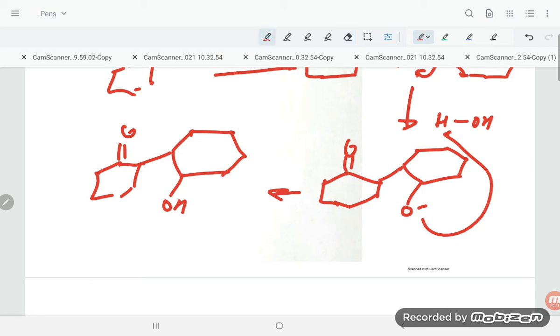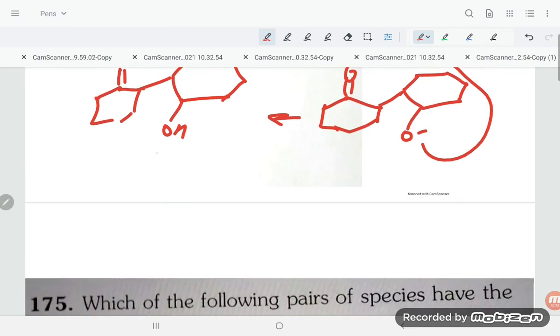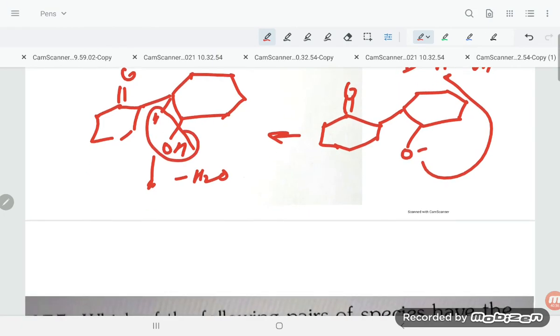Ring is not required. Now what will happen: minus H2O. You are removing the water molecule, one hydrogen from here, and this is all getting out. So the product will have C=O, and this will be the double bonding.